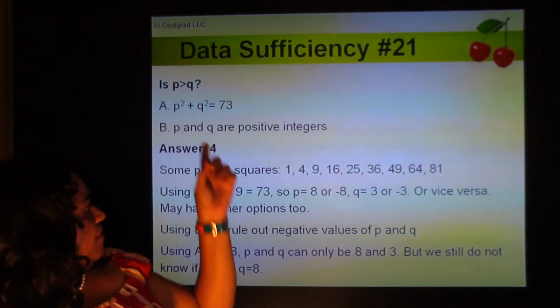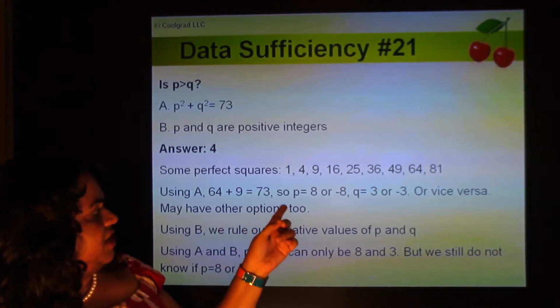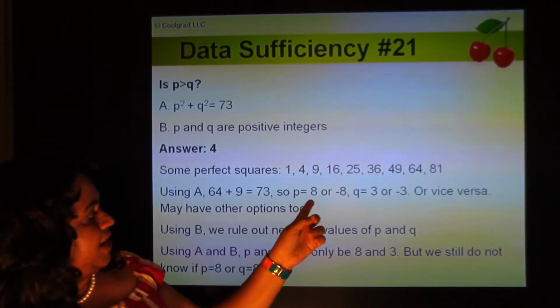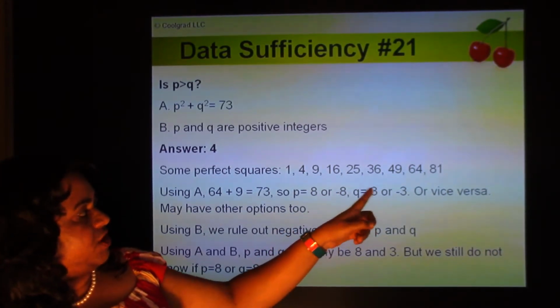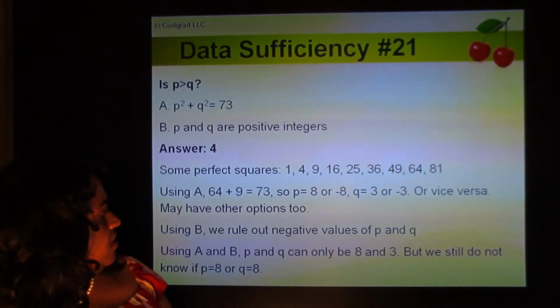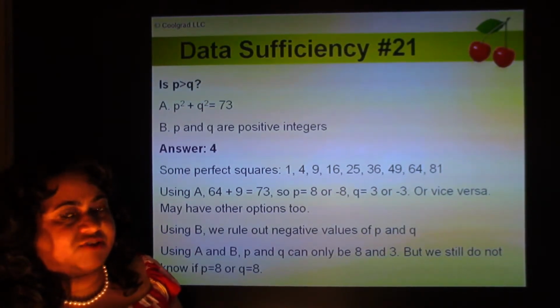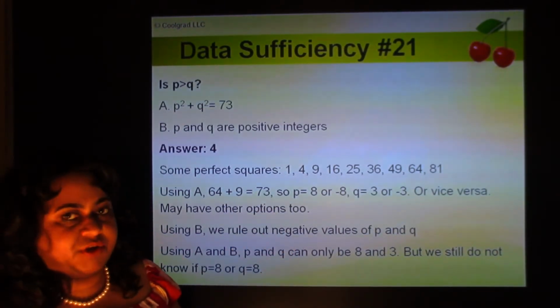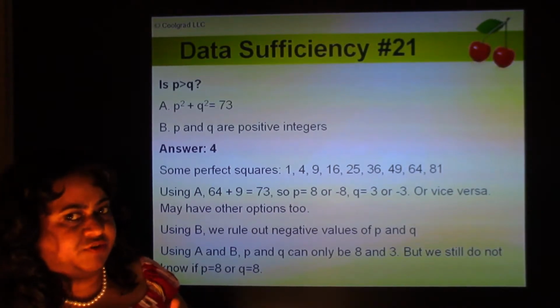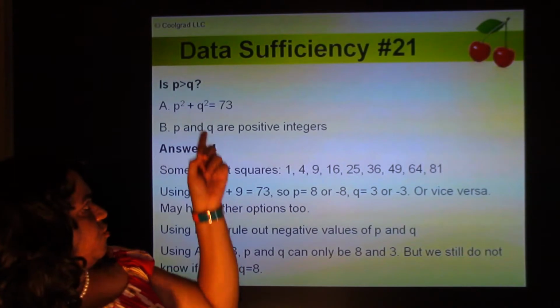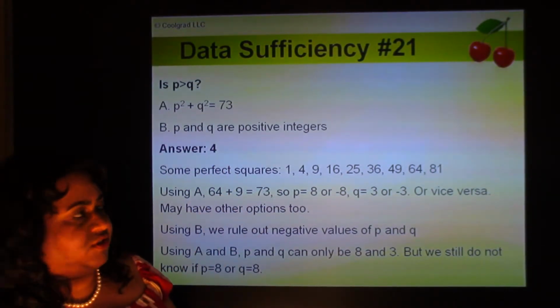Using statement A, 64 plus 9 is 73, but then we can have P equal to 8 or minus 8, and Q equal to 3 or minus 3, or vice versa. And we may have other options too, other numbers, say fractions, decimals, which might add up to 73. We don't know. There are at least 2 different solutions. Like P is minus 8 and Q is 3. We can have definitely 4 solutions using this.